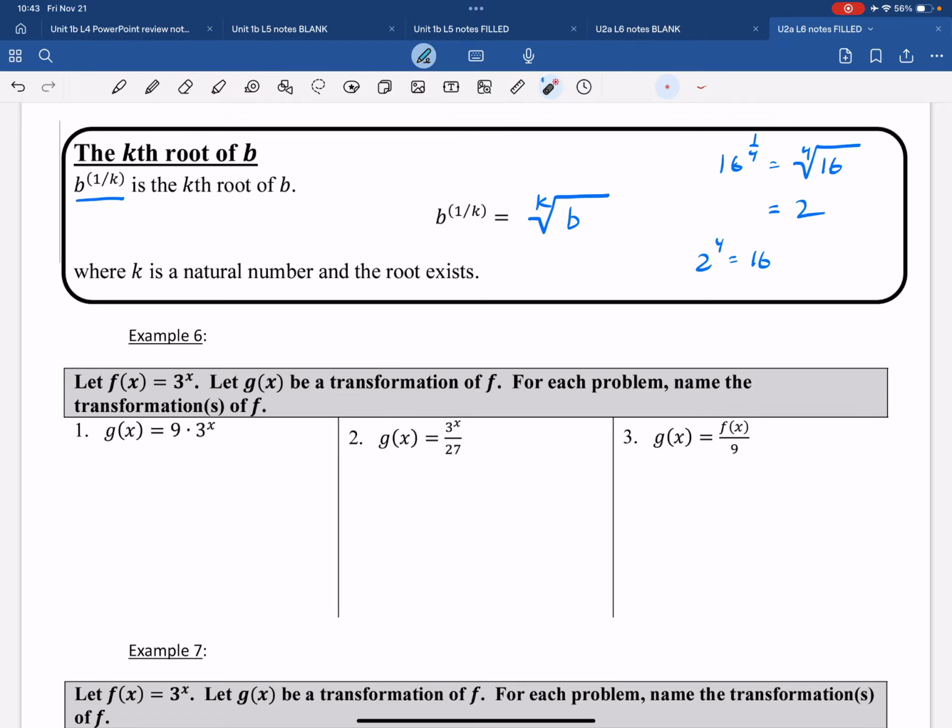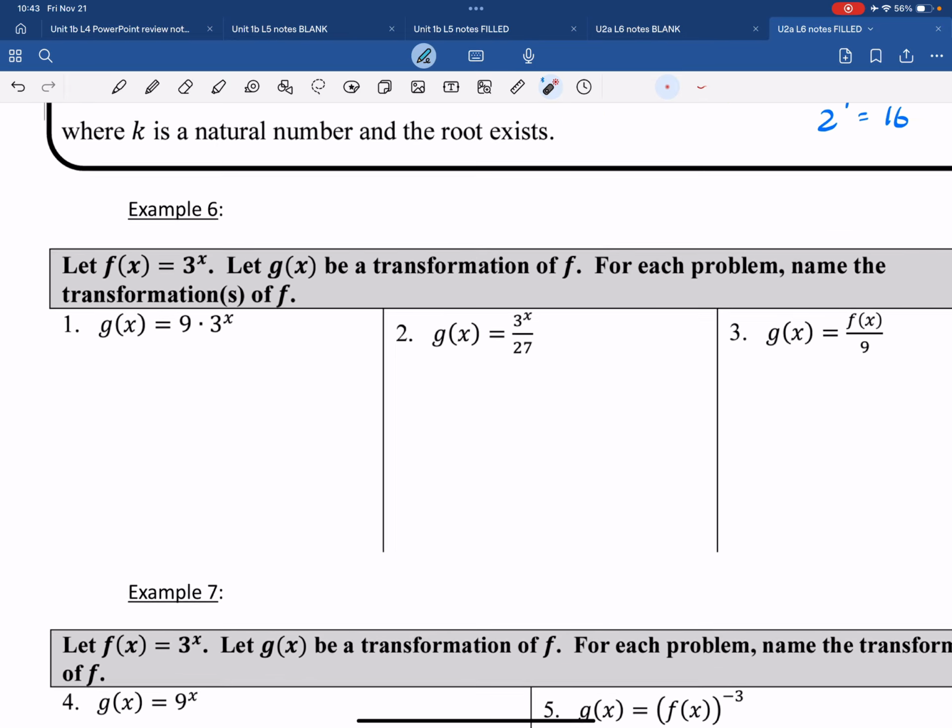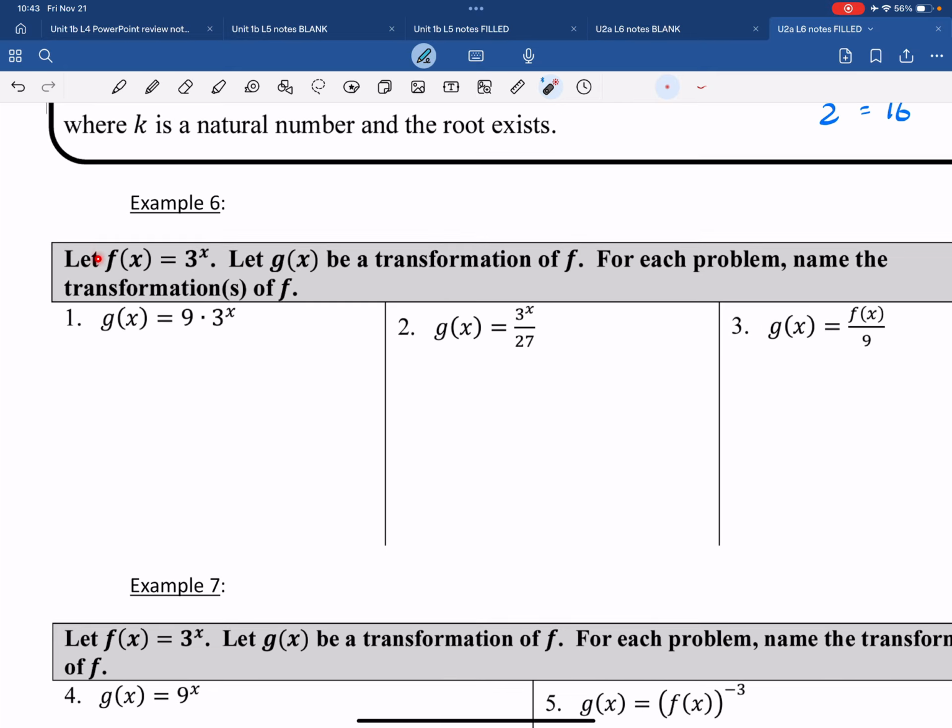Same thing here. Okay, so if we look at transformations now in this example 6, we're starting with 3 to the x. This is going to be hopefully pretty quick. This is a vertical stretch by a factor of 9. Here, well, this is like 3 to the x over 3 to the negative 3.